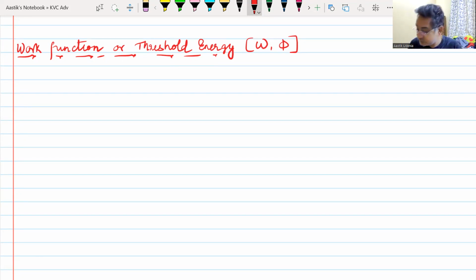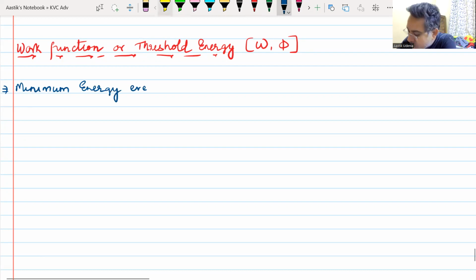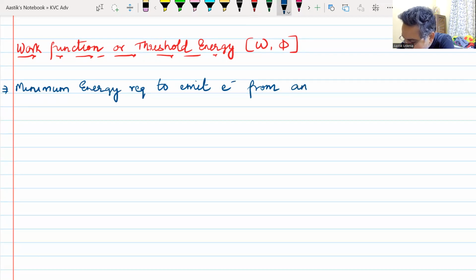The minimum energy required for an electron to leave the metal surface. Yes, the minimum energy required to emit electrons from any surface.